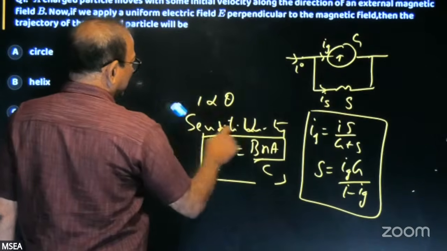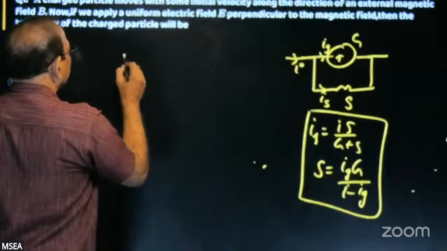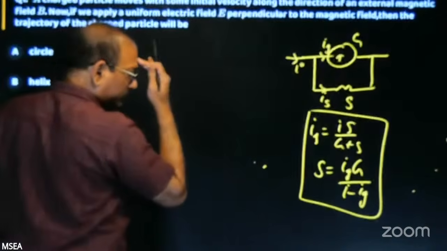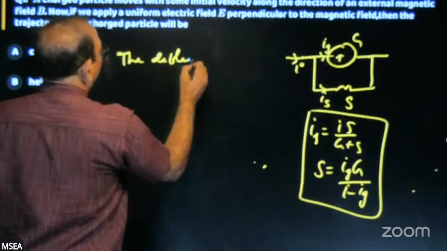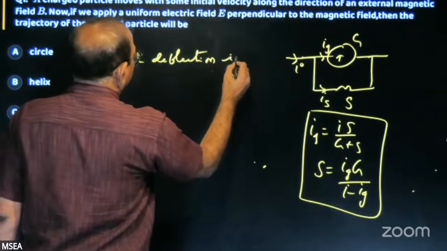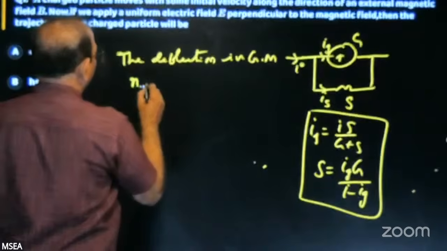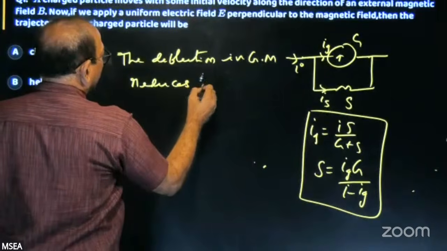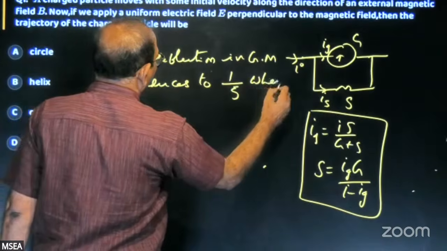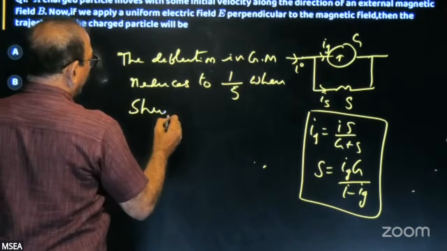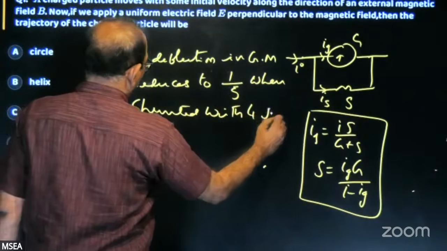Let us see one example on the ammeter. The deflection in a galvanometer reduces to 1 by 5 when shunted with 4 ohm.